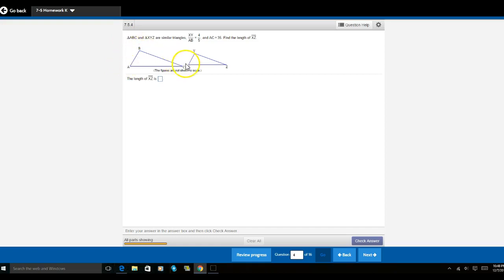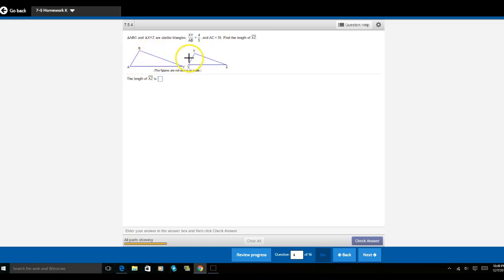Okay, triangle ABC and triangle XYZ are similar triangles. That means that the ratios of their corresponding sides will reduce to the same thing, and the measure of their angles are the same. So side XY over AB is equal to 4/5.